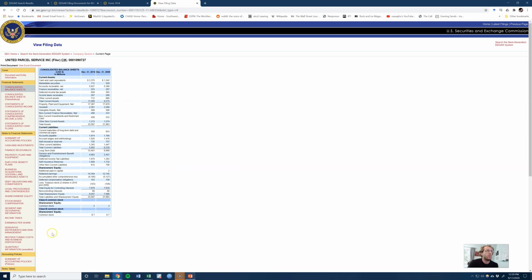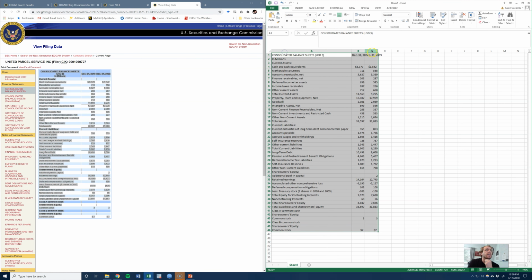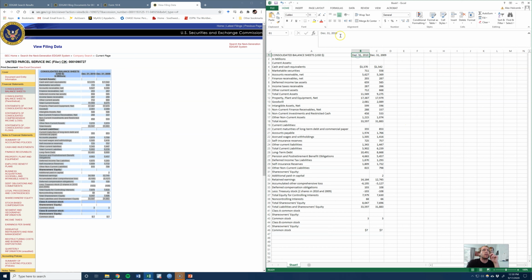So what we do, and here I'm just going to start a fresh Excel sheet. We just want the text, and that copies relatively easily, right? So we have our 2010, let's get rid of the 2009, we got the balance sheet in millions, let's put that up here.